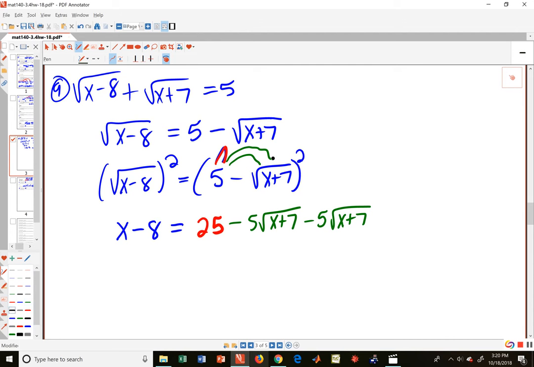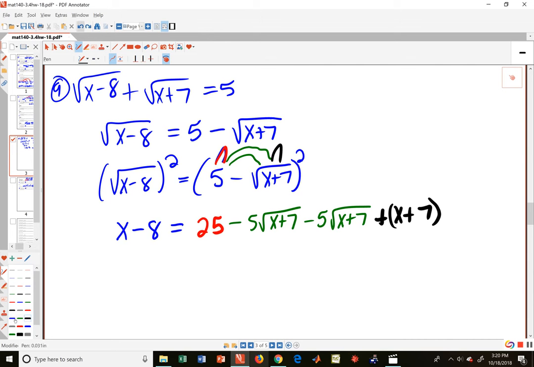And then you've got the last. A negative times a negative is a positive, and you've got the square root of x plus 7 squared, which is just x plus 7. That'll take some getting used to, but that's the foiling there.